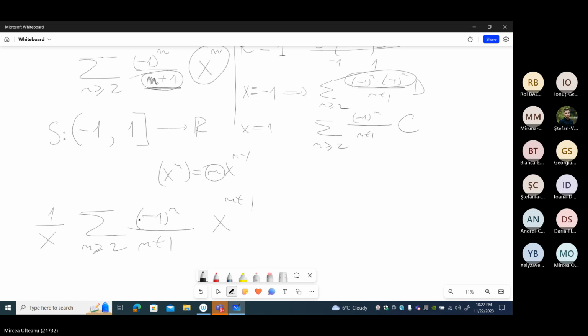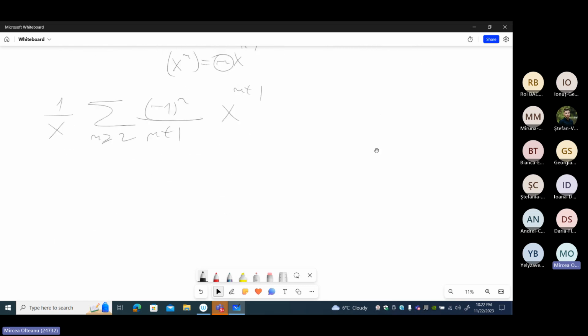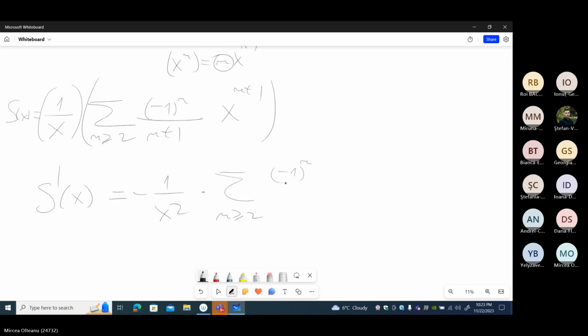And now, instead of computing this sum, we'll compute its derivative, s prime of x, because this is s of x written in this form. It will be -1 over x squared times the sum. We differentiate as a product, yes? Plus 1 over x, and the derivative of this one.